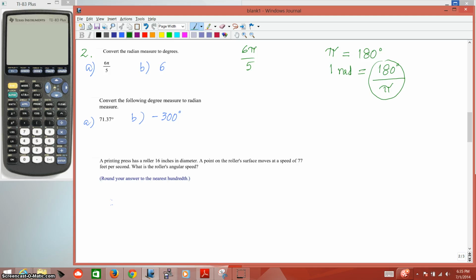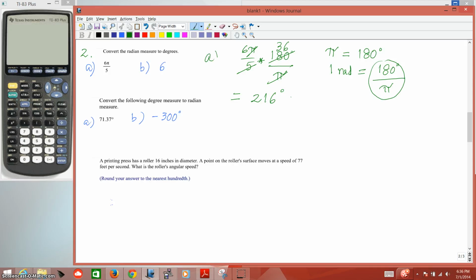If I already have 6 pi by 5 radians given, I'm going to multiply this by the multiplier, 180 degrees over pi. Now pi gets cancelled, and if you simplify these quantities, it comes out to be 36, and 36 times 6 comes out to be 216 degrees. So that's pretty simple.